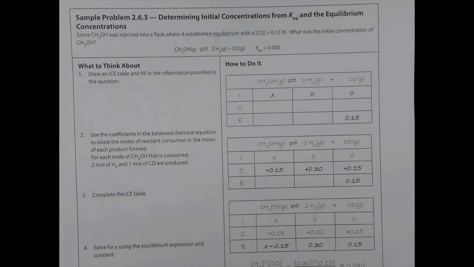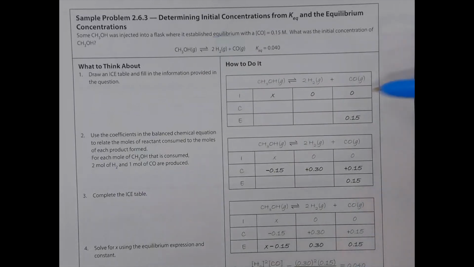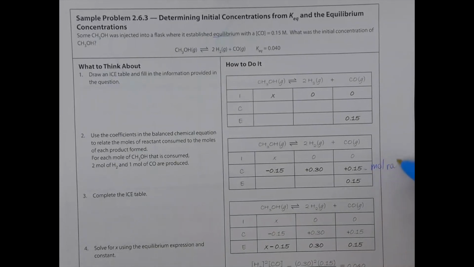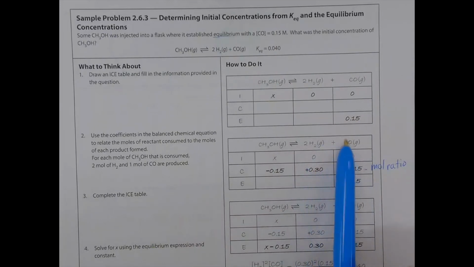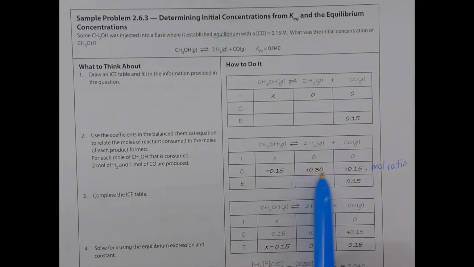For this one, we do have some information. We can back calculate some of it. This column has the most information. To make this true, we would have to add 0.15, right? Again, this line is our mole ratio line. This one is on the same side, so it would also have to add, but twice as much because of the coefficient, so 0.30.